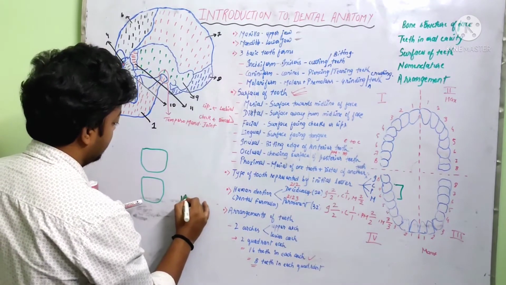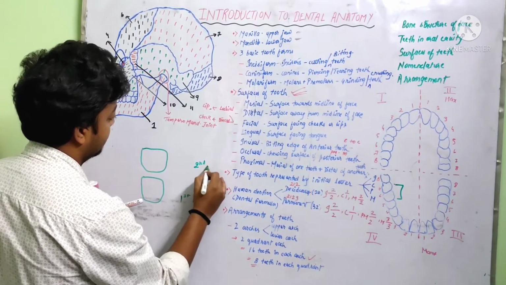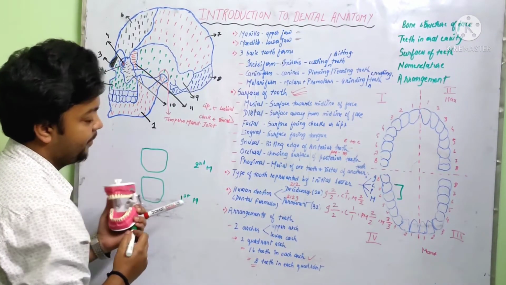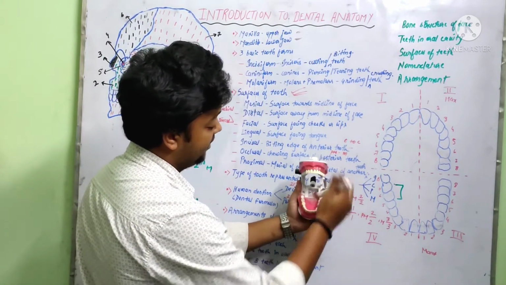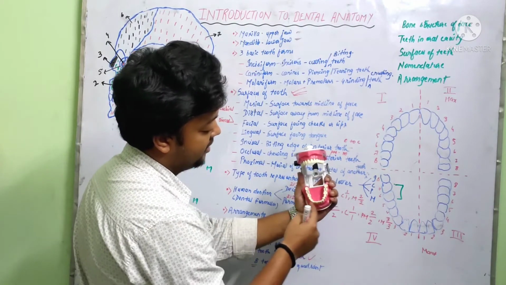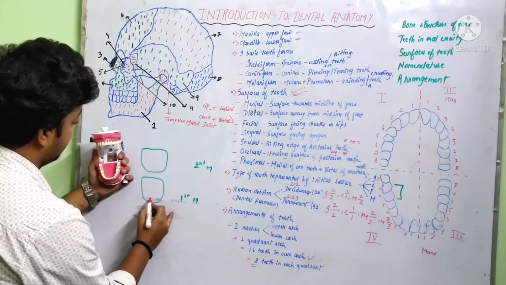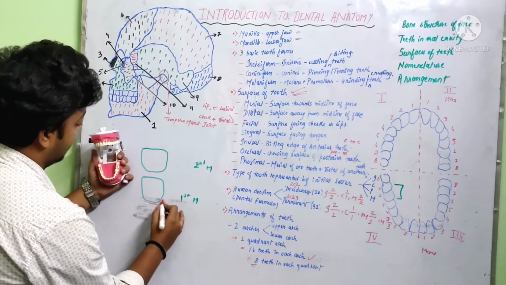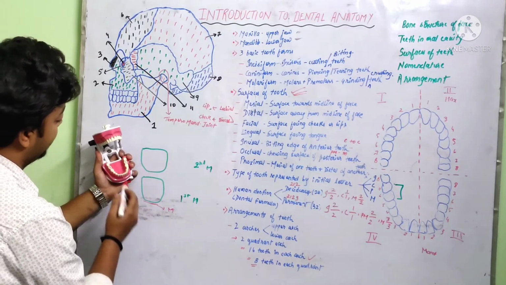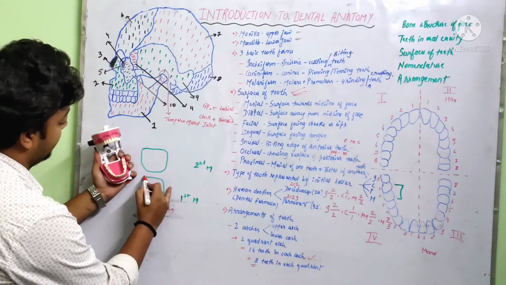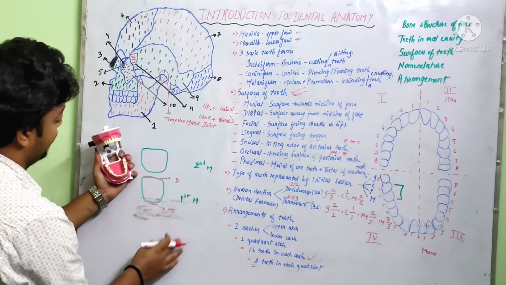So this becomes the first molar and this becomes the second molar, the mandibular molar. Now just look here, we have the midline this way. The surface which is facing towards the midline is called the mesial surface. In this case, this becomes the mesial surface. This one becomes the distal, that is away from the midline. So this becomes the distal surface of the first molar.